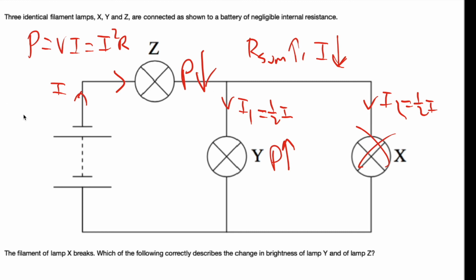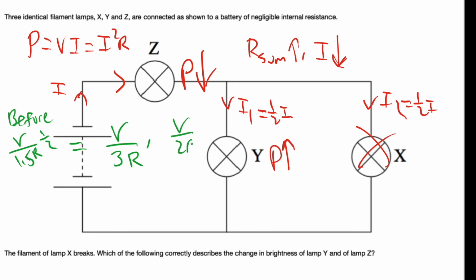Before it broke, the current is going to be equal to voltage over 1.5R times a half, and this is equal to V over 3R. But after it broke, it's going to be equal to V over 2R.